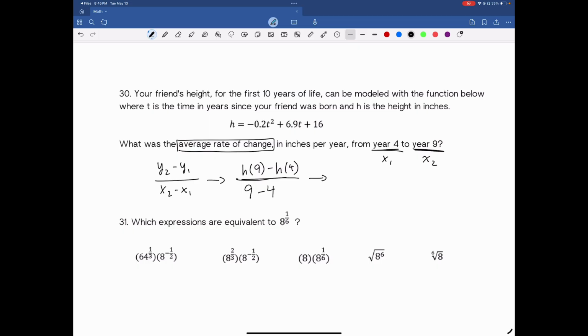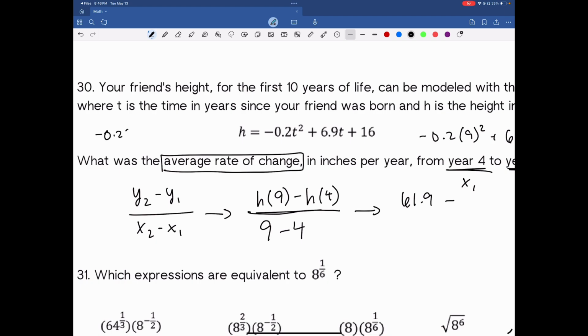So for h of 9, I'm just going to plug in 9 to that function. Negative 0.2 times 9 squared plus 6.9 times 9 plus 16. So let's figure that out. 61.9. So that's 61.9 minus, and then we're going to do the same thing with 4.